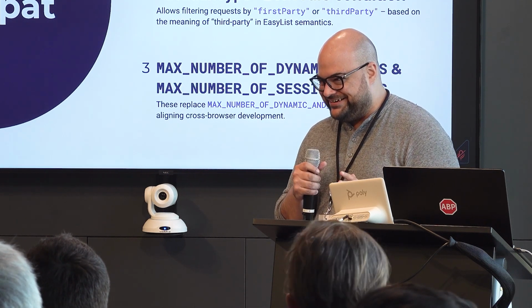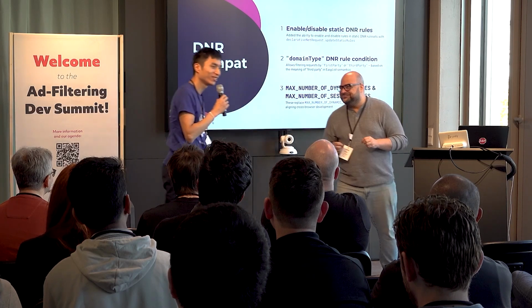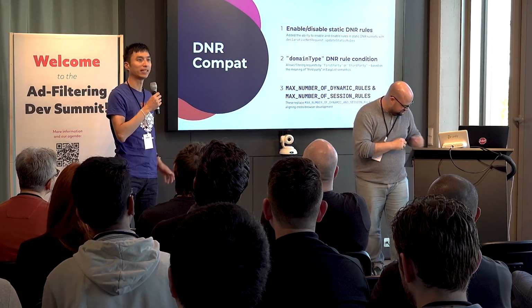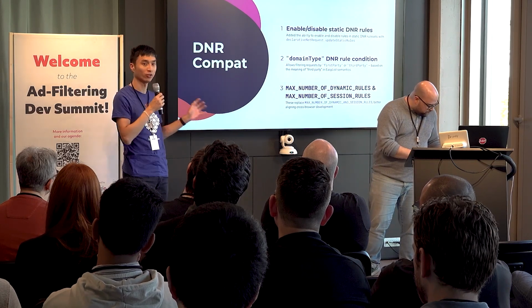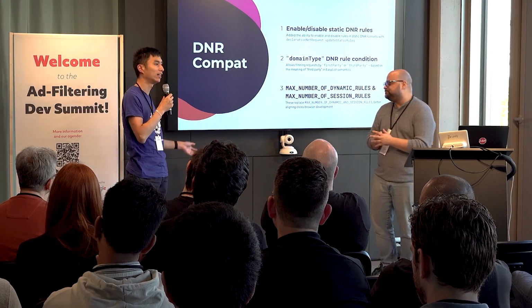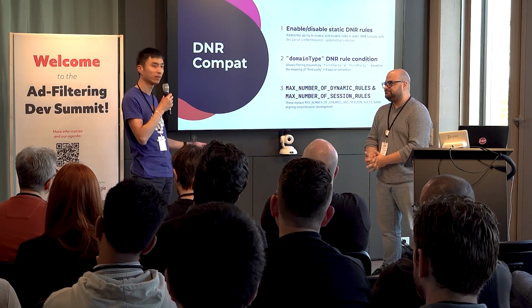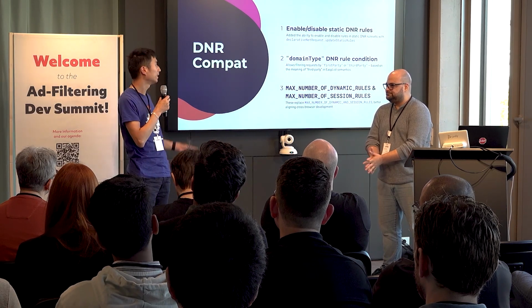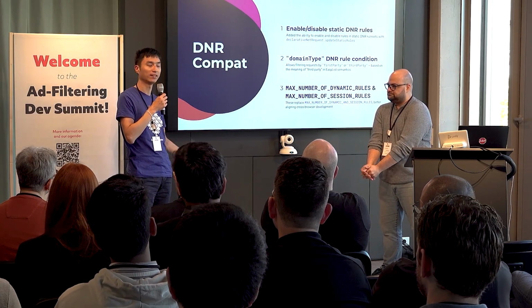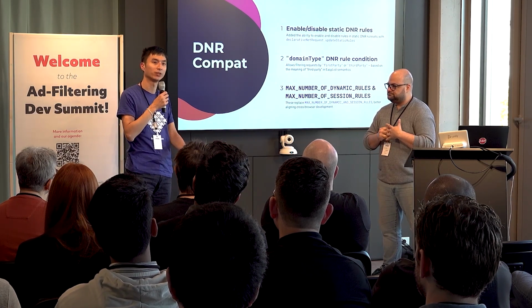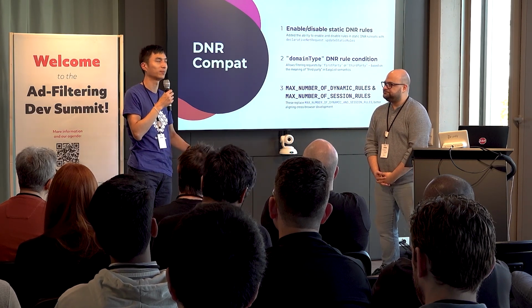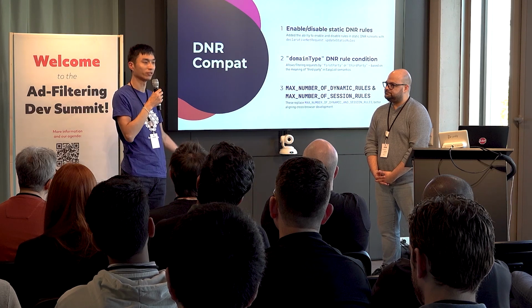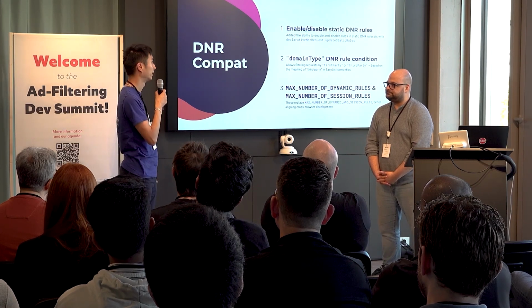The reason for the domain type implementation to be delayed is because there are multiple ways to consider what is third party or first party. Ultimately, after discussing with some developers of ad blockers, we ended up with just the EasyList semantics. It's not strictly the same as any other definition of first party or third party in any browser, except the DNR implementation, but it's close enough to what the developers expect from it.